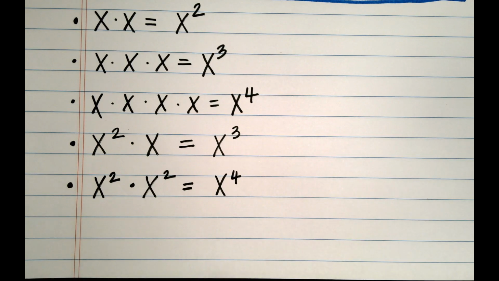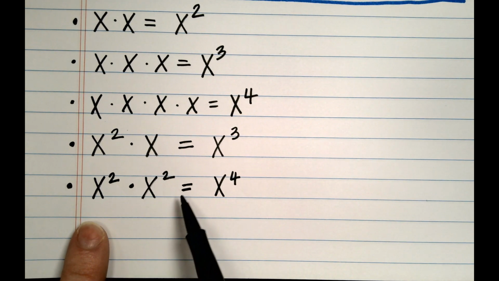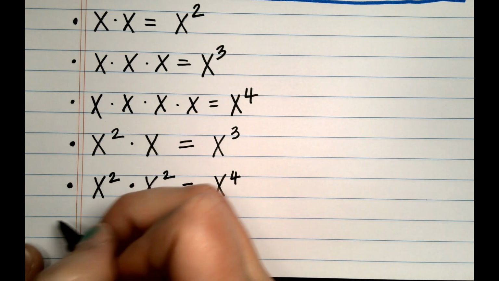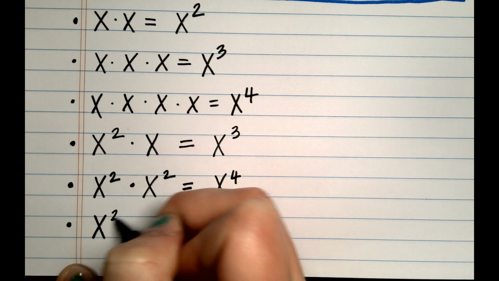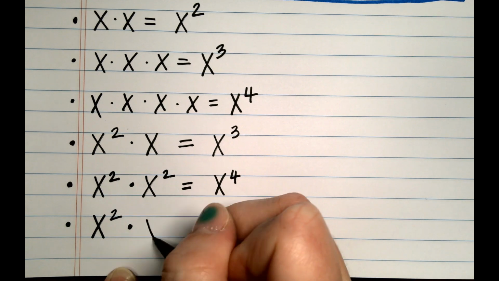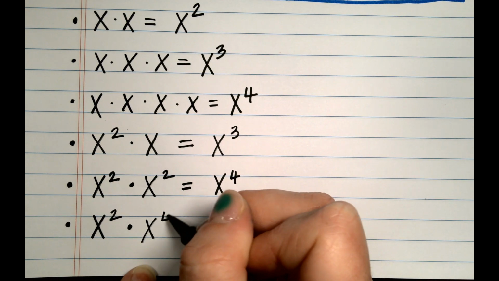Now let me show you one more. This one can be confusing because 2 plus 2 is 4 and 2 times 2 is 4. Let me show you one where the answer is a little different. What about x to the second power, so x squared, times x to the fourth power?